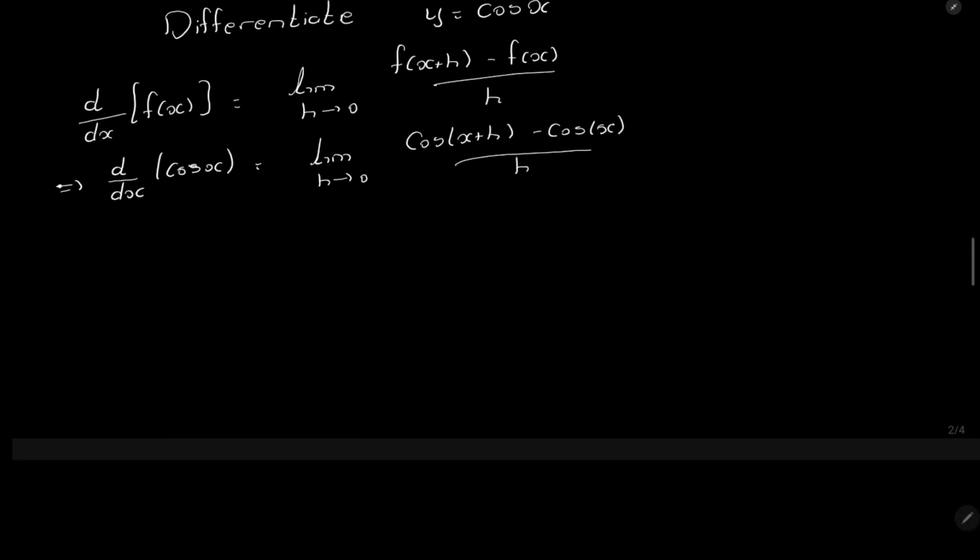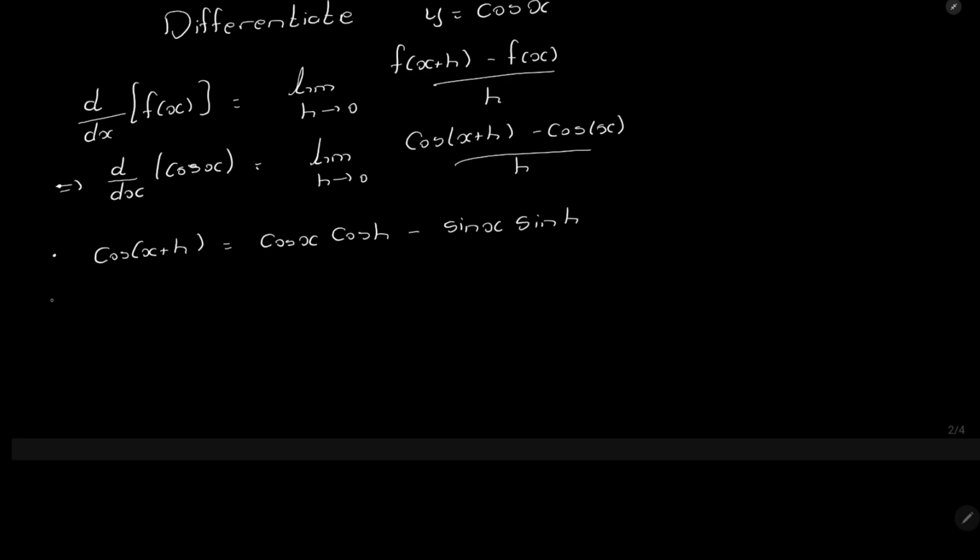What do we do now? We calculate our term cos of x plus h. Still using angle identities, we all know that cos of x plus h is the same thing as cos x cos h minus sine x sine h.